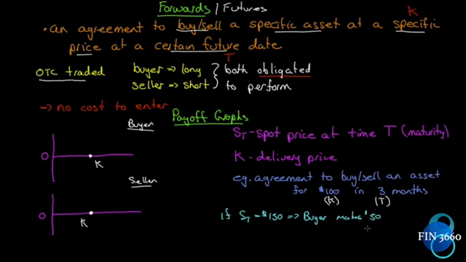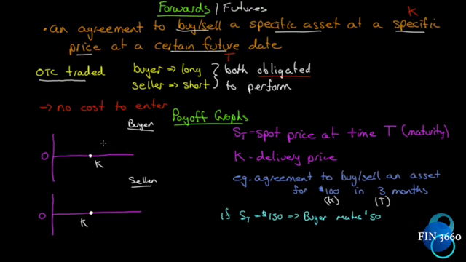How do I arrive at that? Because they've agreed to trade it in 3 months at 100. So the seller must sell to the buyer for 100. In 3 months' time, the spot price is 150. It doesn't matter. There's an agreement to trade at the price of $100. So they trade at $100. The buyer can immediately sell in the spot market at 150, thereby making $50.